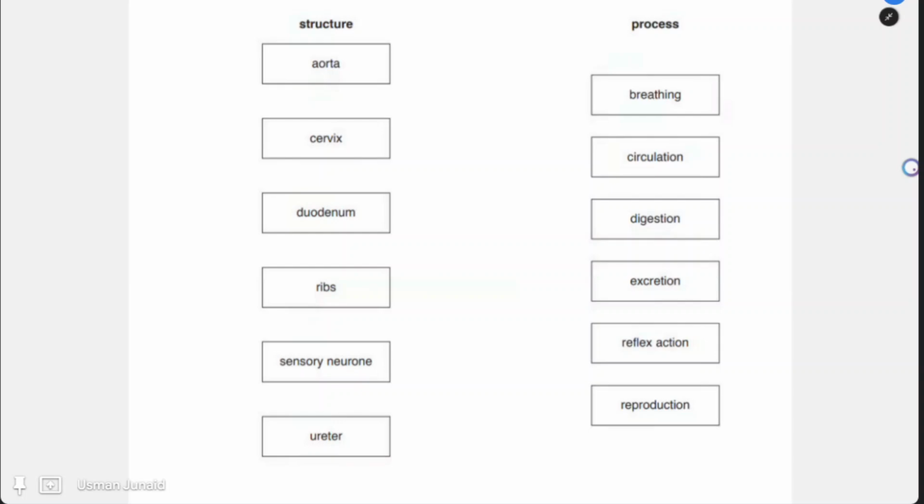Knowing that it is connected to the heart and it's a blood vessel, which process would it be part of? Is it circulation? Circulation. Exactly. Cervix. Do you know what the cervix is?